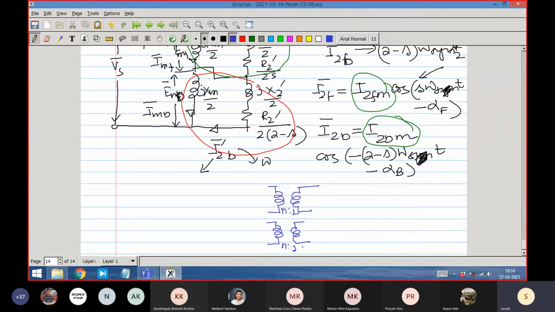Now, what is done here is that you connect them in series, plus minus, plus minus. This is the dot convention. So you connect them in series and apply an AC voltage here, and you are putting two independent loads here, R2 and R3.